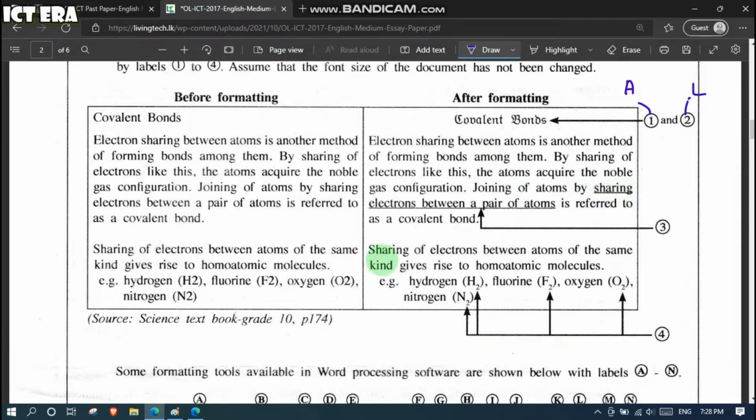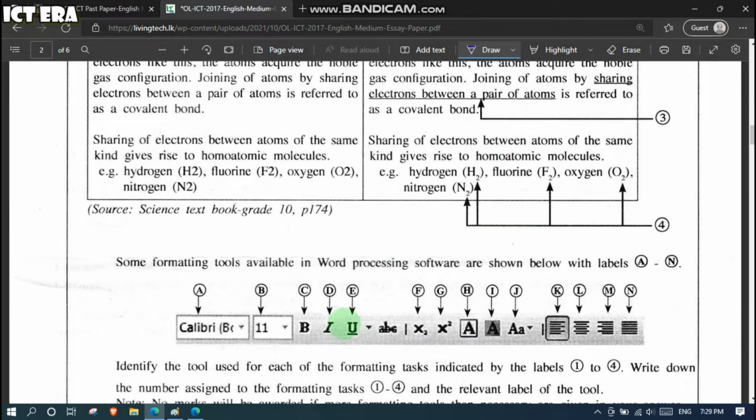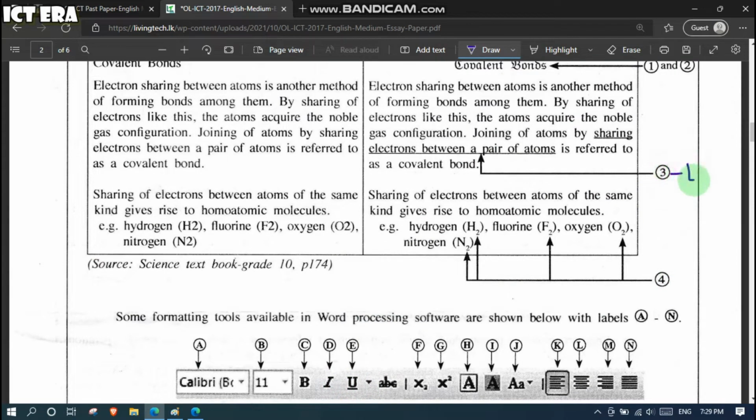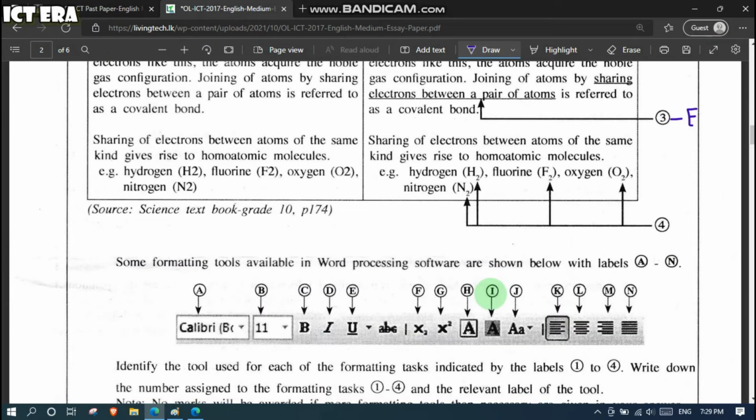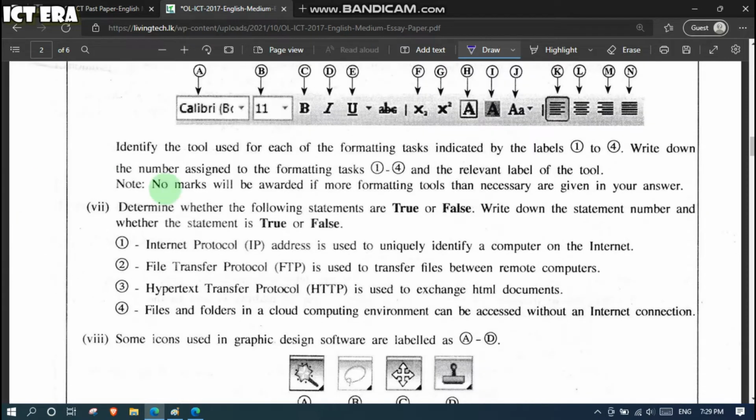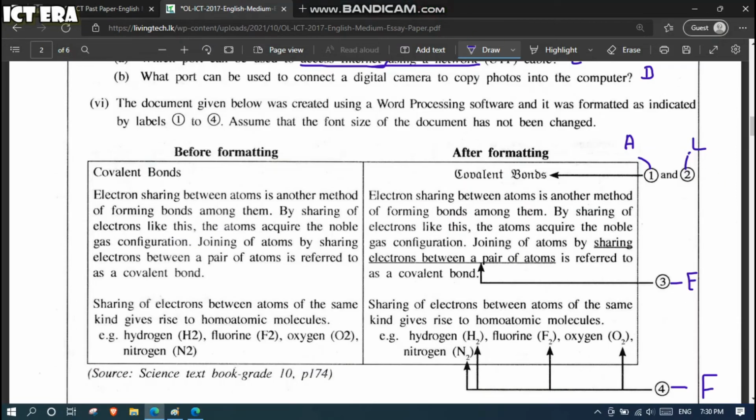This part, sharing electrons between a pair of atoms, so it should be E. And the last one, before formatting H2, F2, O2, N2 is like this, but after formatting they have been subscripted, so F. The next one, determine whether the following statements are true or false. In here the positions can be changed. You can write 1 L and 2 A, no matter.